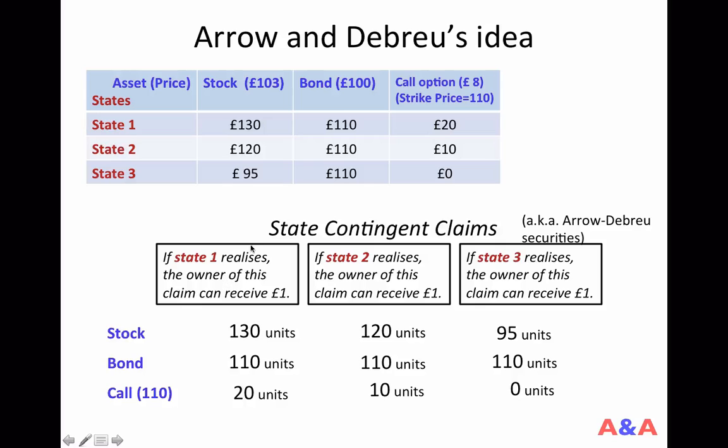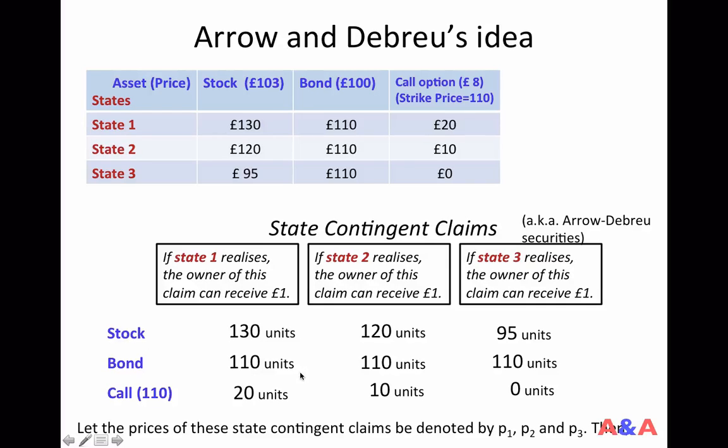The bundle is called a bond. The current price is 100. We have the third bundle called a call option with the strike price 110, and it's a bundle of these state contingent claims. Because we have prices of these bundles of state contingent claims, we can derive the theoretical prices of state contingent claims.